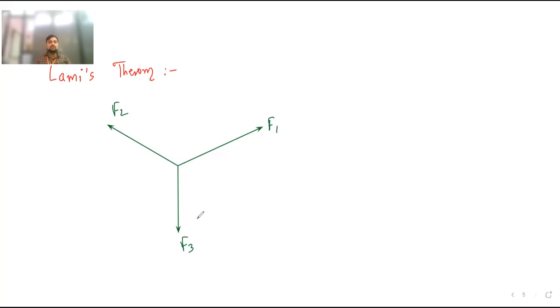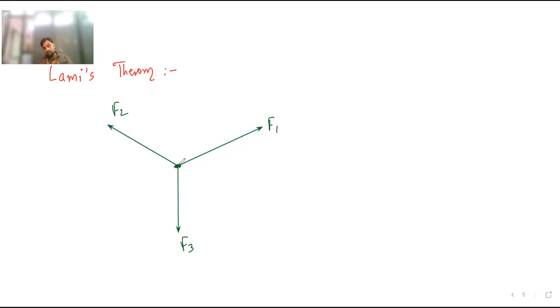Now what Lami says is that if three forces are acting at any point, how many forces? Three forces. It is not valid for a single force. It is not valid for two forces, or for four forces also. If 3 plus forces are there, then also you cannot use Lami's theorem. You can use Lami's theorem only for 3 forces.